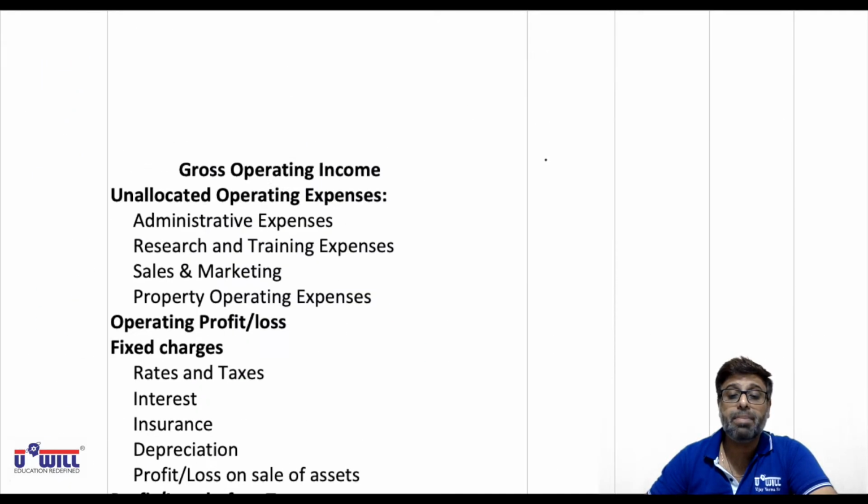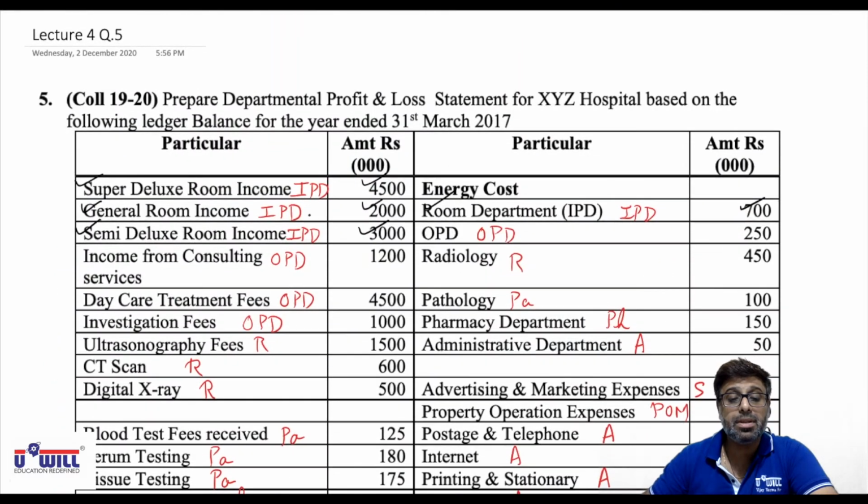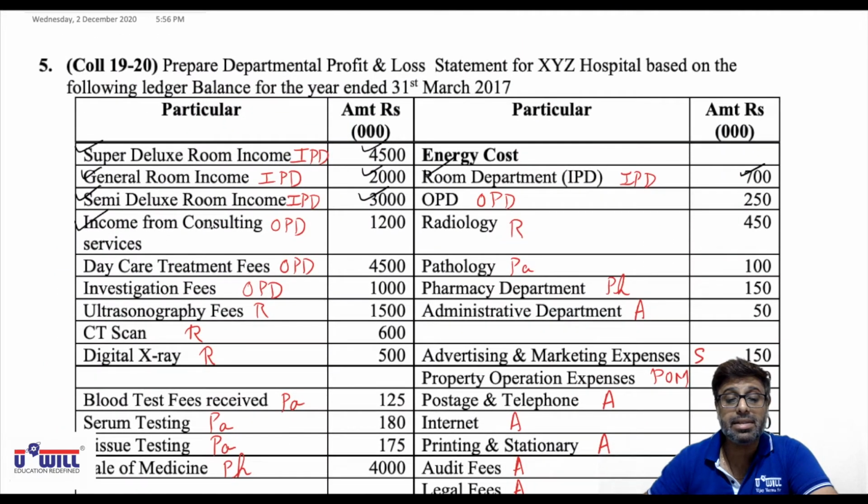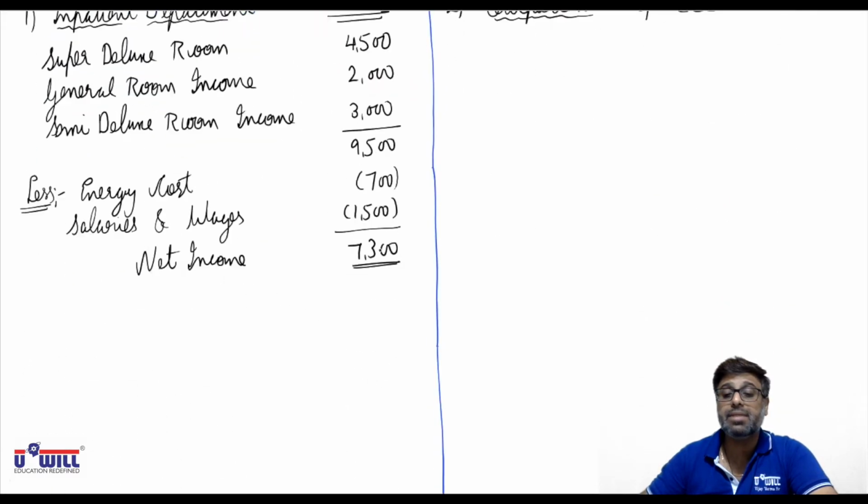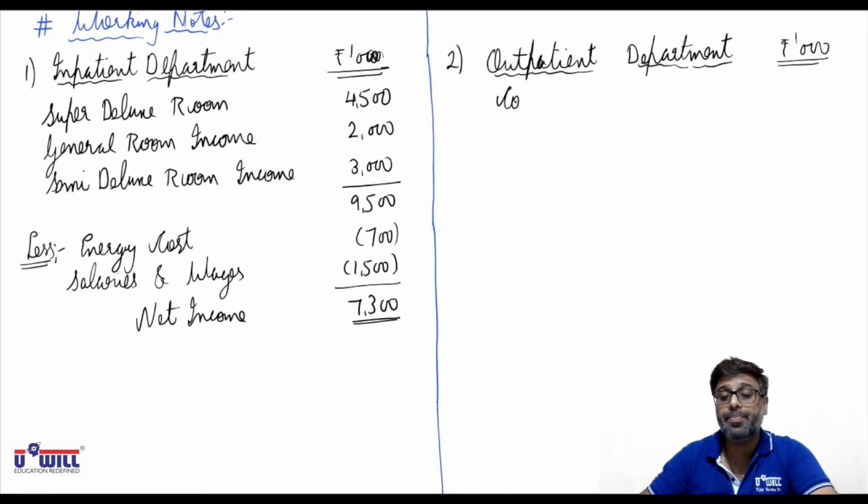Now outpatient department means OPD marked items. So income from consulting services 1200.